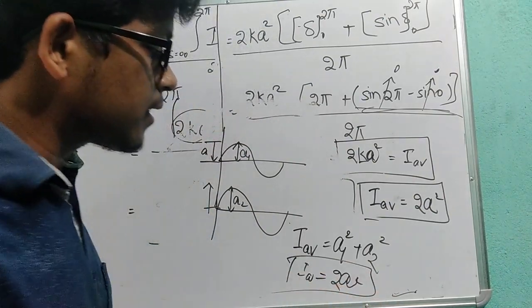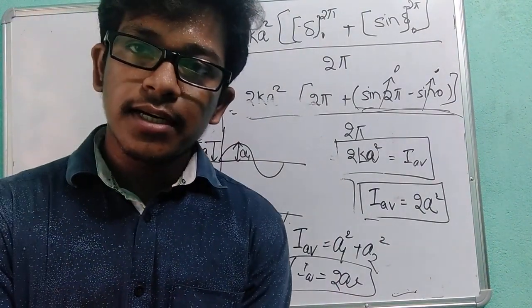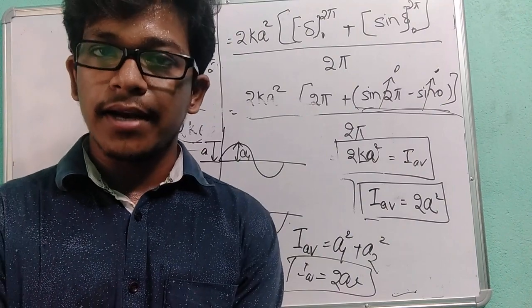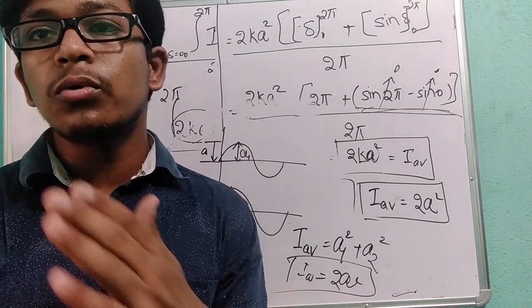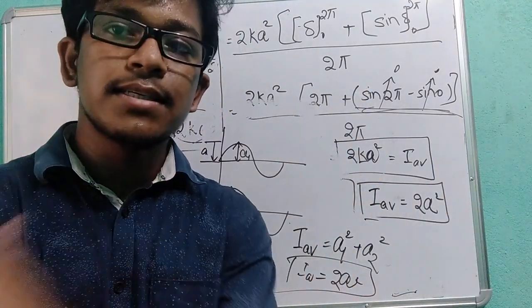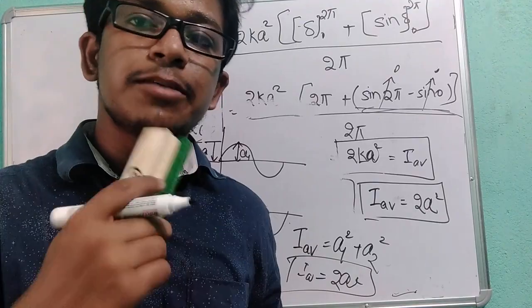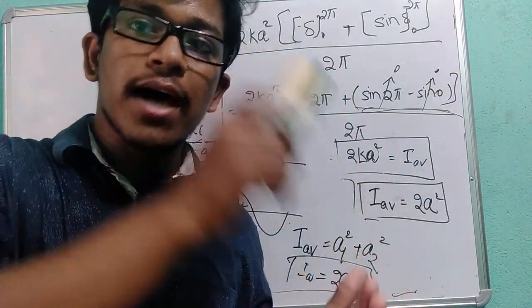Here 2 is constant, and amplitude is constant. That means the total intensity associated with the fringes, whatever light or dark fringes you are getting, always remains constant. There is no increase or decrease in the energy. Energy is only transferred from the dark region to the light region, and from the light region to the dark region.